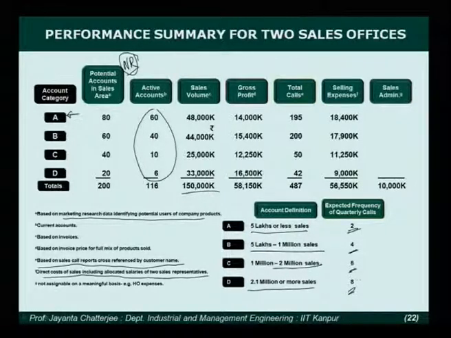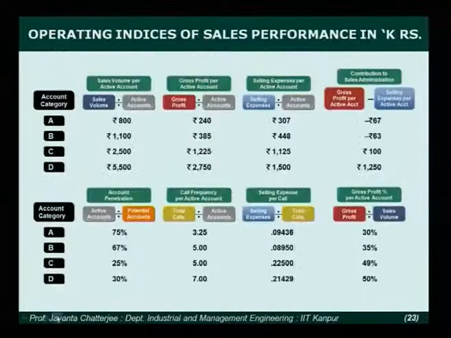If we have this set of data, this is the kind of analysis that we have to do. We take sales volume per active account, using the sales volume data that we saw in the previous example.